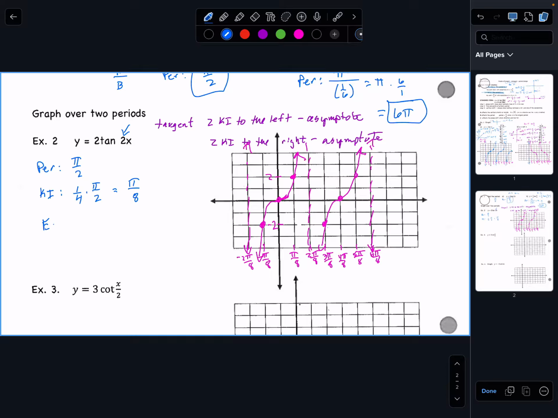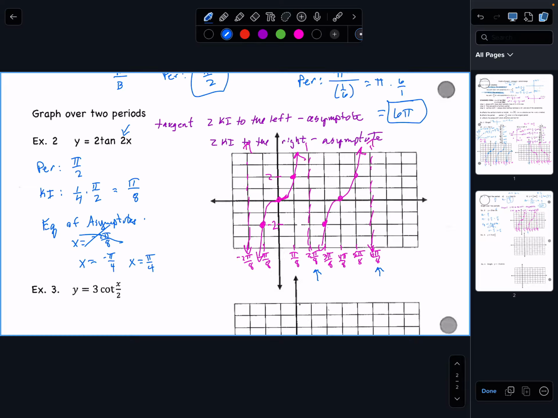So your equations of your asymptotes, they are vertical lines. And so I've got it at x is -2 pi eighths, but I wouldn't leave it that way. I would write it negative pi fourths, simplify it. And then we have 2 pi eighths, which is positive pi fourths.